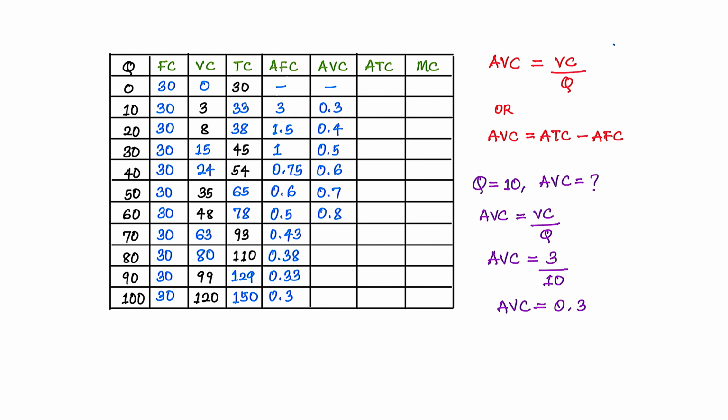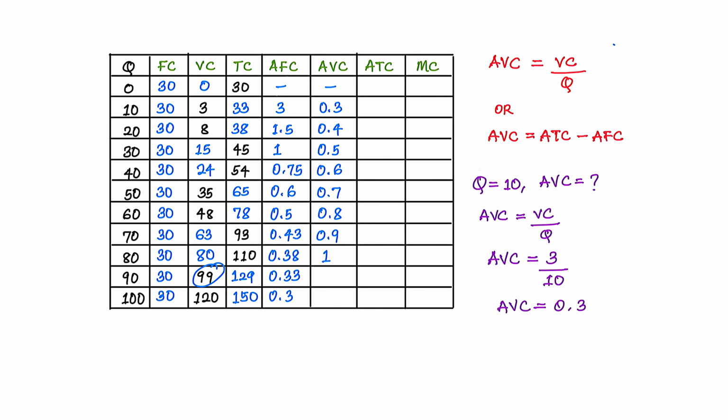Next, variable cost is 63 and quantity is 70. 63 divided by 70 is 0.9. So that means average variable cost is 0.9. Next, the variable cost is 80 and the quantity is 80. 80 divided by 80 is 1. Hence, the average variable cost is 1.